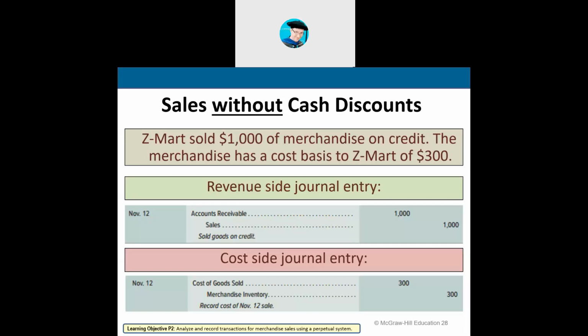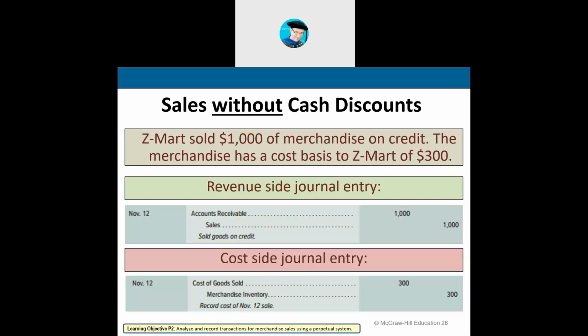Okay, let's walk through it. On the sales side, we made the sale, right? So we debit accounts receivable because we sold it on account. Otherwise, it would be cash. And we credit sales. When you credit sales, you're recognizing the increase in sales. Remember, sales is a part of equity.